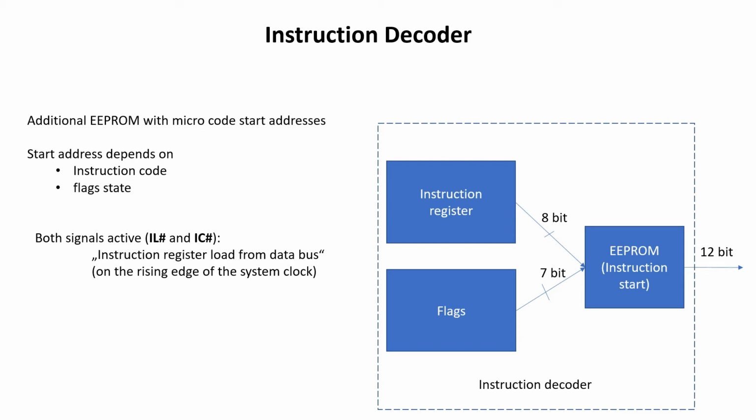So the instruction register will change only on a rising edge of the system clock, and the flag register as well changes only on the rising edge of the system clock, and that means that the address lines of the instruction start EEPROM will only change on the rising edge of the clock. That leads to an instruction start address that is always stable when the clock gets into the falling edge.